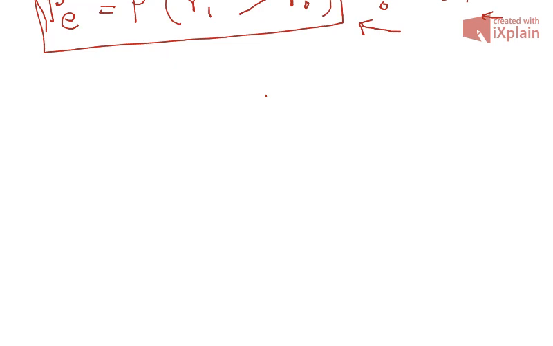Now let me specifically write this N0 and N1 as well. What we said is that our probability of error is actually the probability that R1 is found to be greater than R0, given that S0 is transmitted. Keep this assumption in mind, because if you say that S1 is transmitted, you start your derivation with S1 and try to find the probability of error, you would get some other expression.